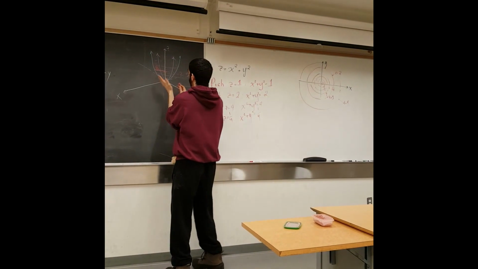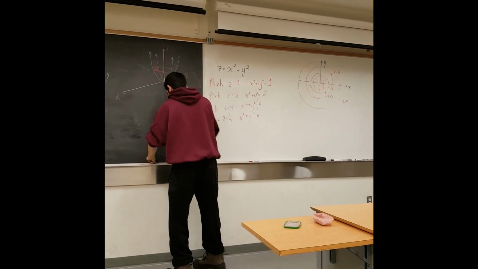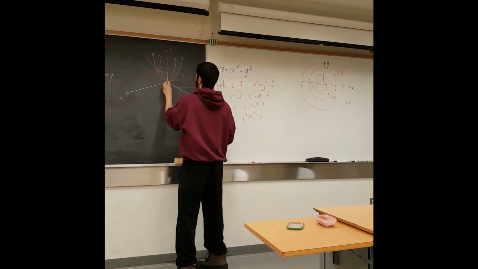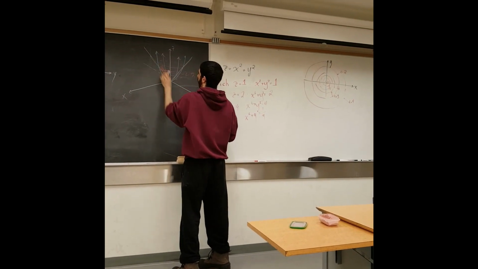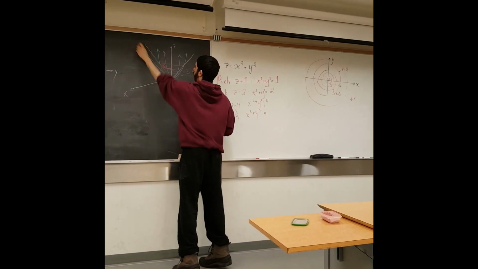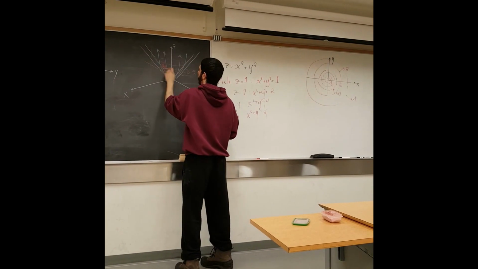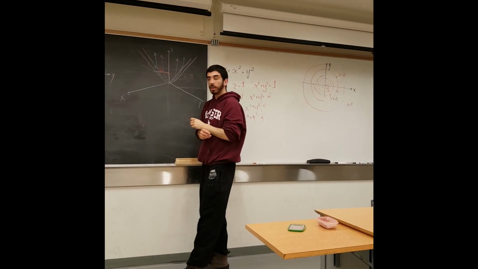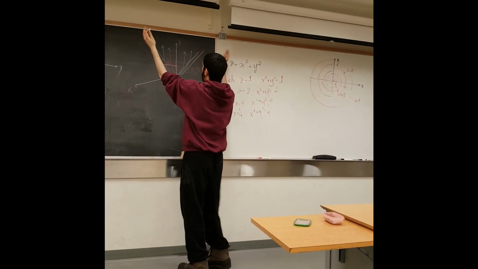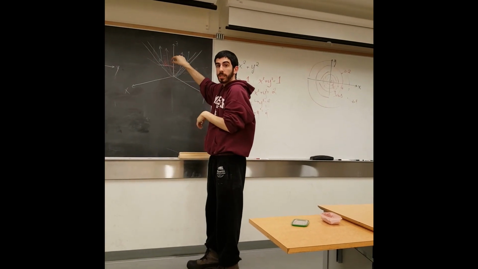Whereas the cone was kind of fatter. At this height, the cone had a radius of 2. So the cone actually engulfed this parabola.